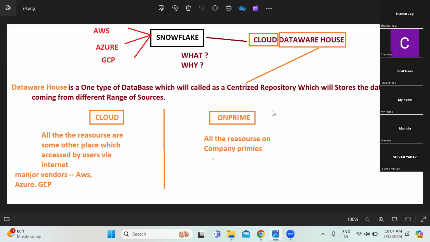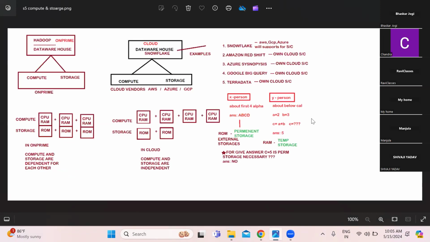Sir, one more question: how much percentage do we need to learn these cloud technologies, AWS, Azure, GCP, out of 100, to sustain as a Snowflake developer? Actually, every cloud has its own data engineering operations. Let's say, for example, I will show you one image so that you can easily understand.